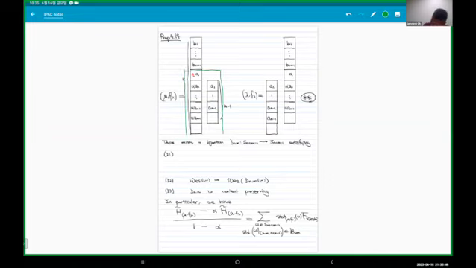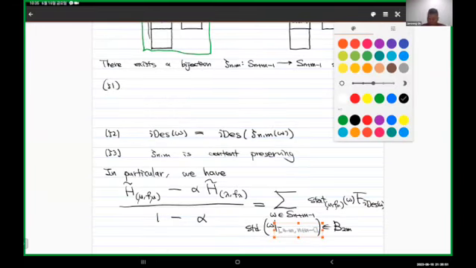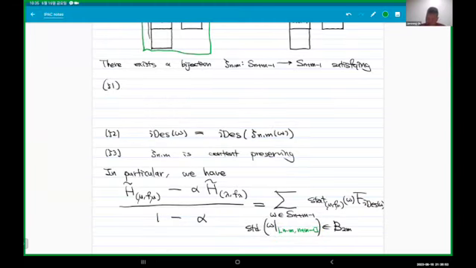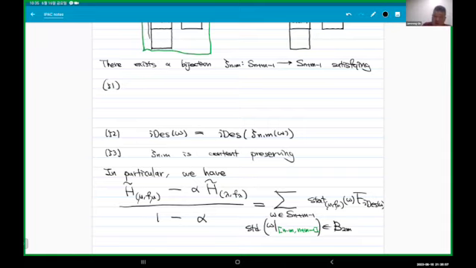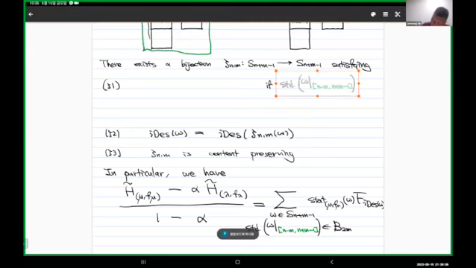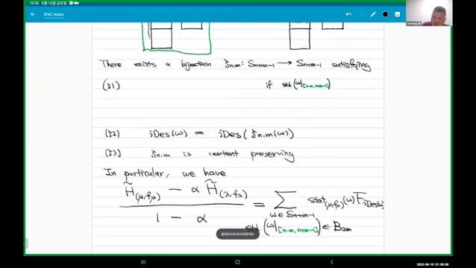Okay, so I'll just color it green. So to obtain this, we have to divide our cases: if this one is a Butler permutation or not.